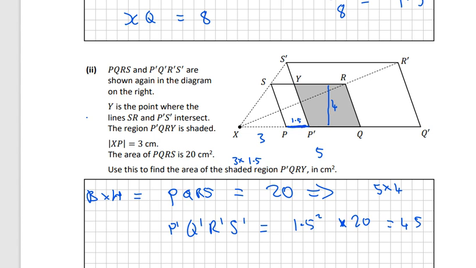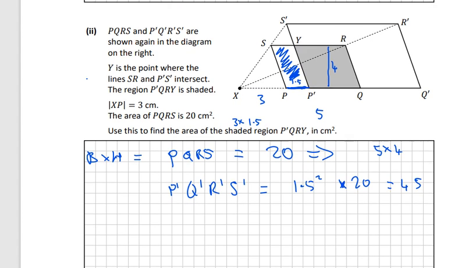So if that's 1.5, we can forget what the area of this is in here. That would just be the base times the height. So that's just 1.5 times 4, because 4 is the height, and that gives us 6. So the area of SPYP dash is equal to 1.5 times 4, which is 6.